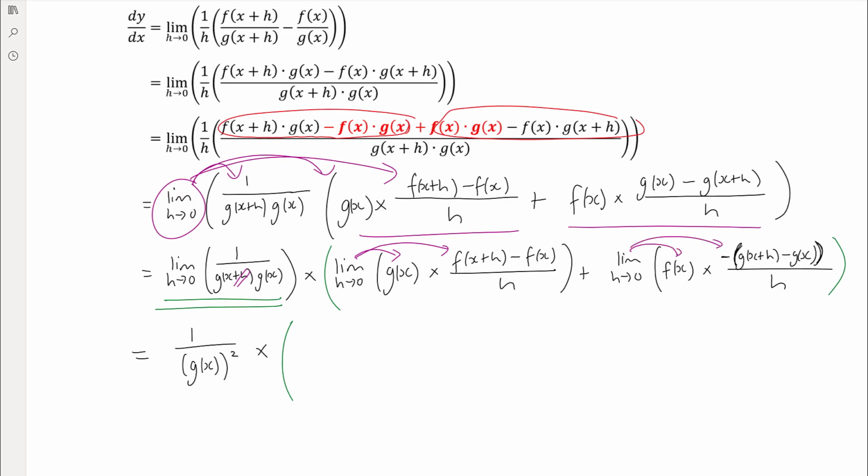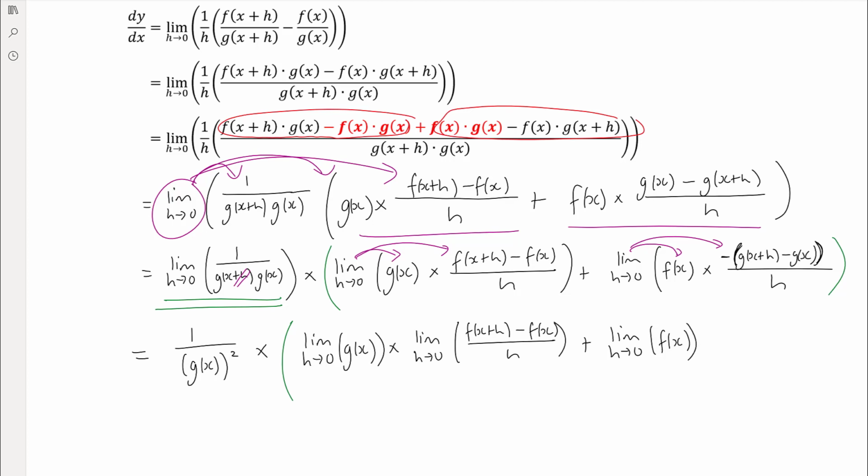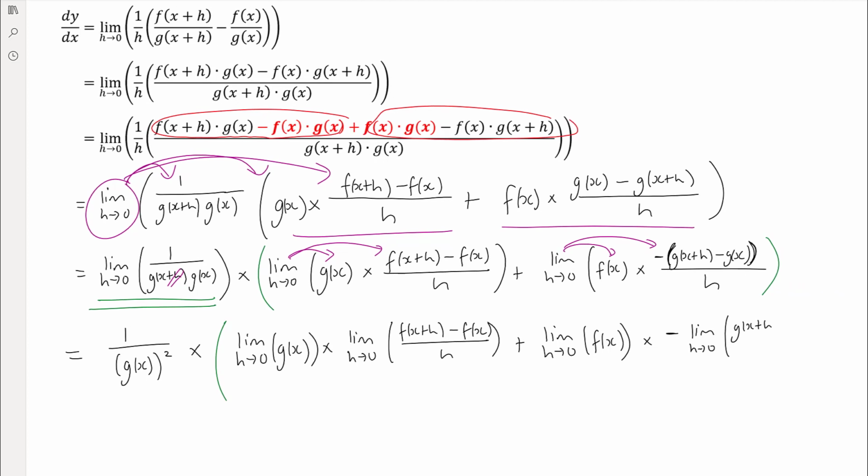So we're going to have the limit as h approaches 0 of g of x multiplied by the limit as h approaches 0 of f of x plus h minus f of x over h, plus the limit as h approaches 0 of f of x times, now again, we've got this negative here, so we're going to have the negative limit as h approaches 0 of g of x plus h minus g of x all over h.